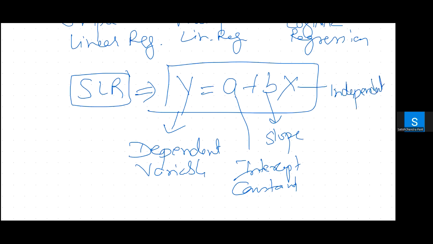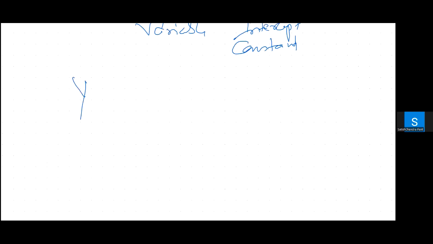Now let's understand this equation y equals a plus bx. Let's assume hypothetically some numbers for a and b. So y equals 5 plus 2x.